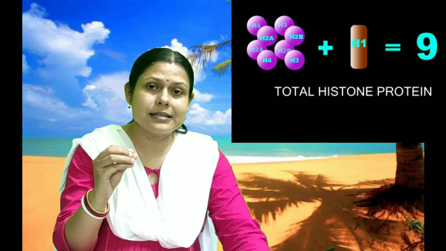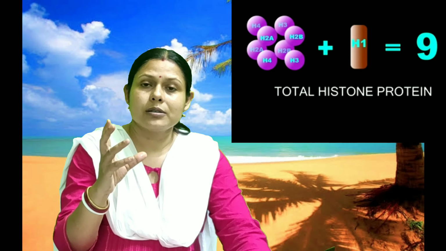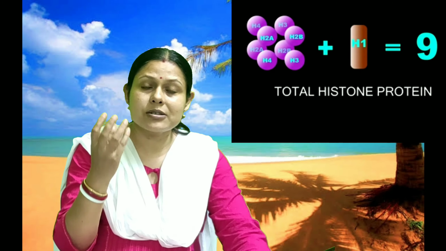Now the positive charge is brought about by certain histone proteins found in the nucleus. These histone proteins are positively charged. They are basically made up of amino acids which are basic in nature, like lysine and arginine.